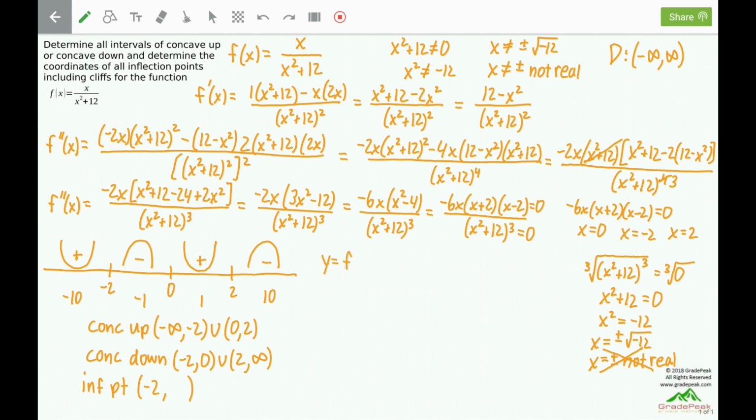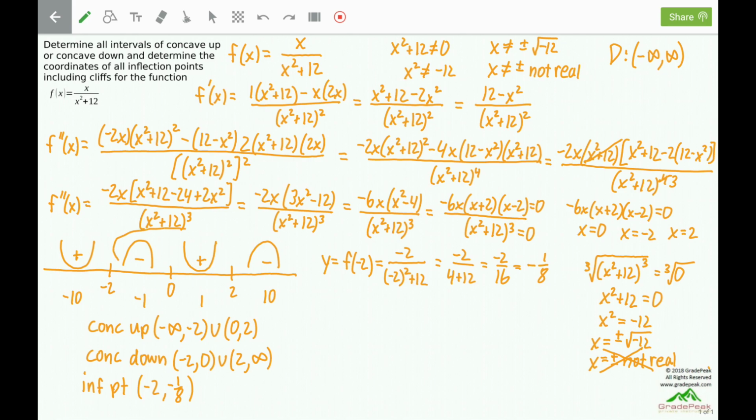So y will equal f of negative 2, which will be negative 2 divided by negative 2 squared plus 12, which is negative 2 over positive 4 plus 12. So this will be negative 2 over 16. We can reduce by 2, and it will be negative 1 over 8. There's the corresponding y-coordinate, negative 1 over 8.